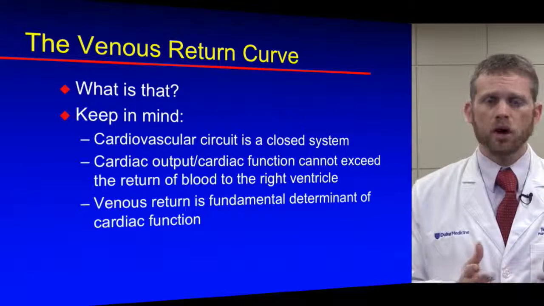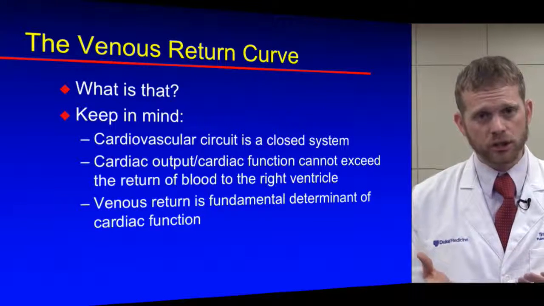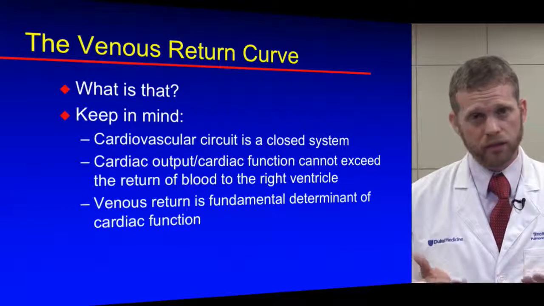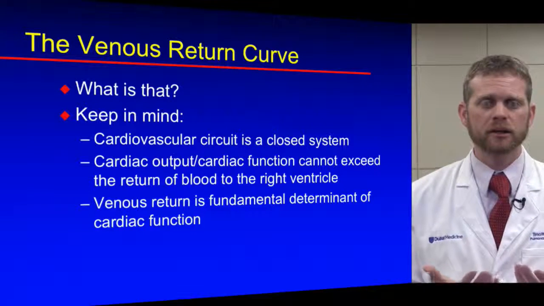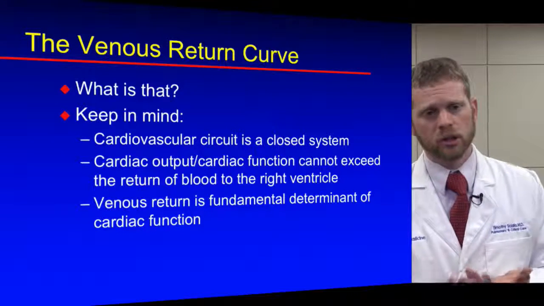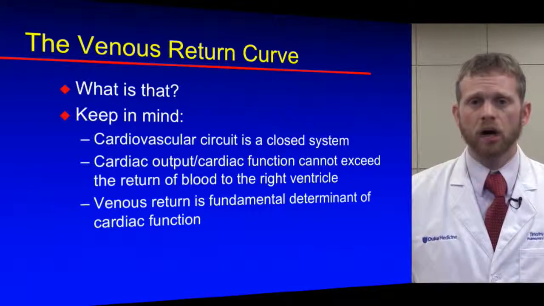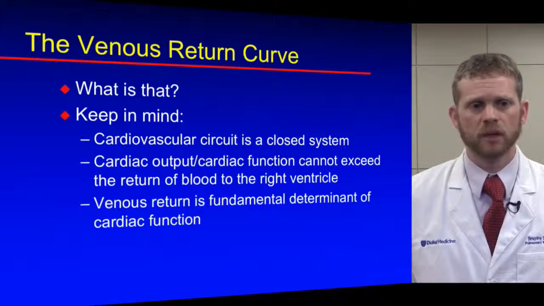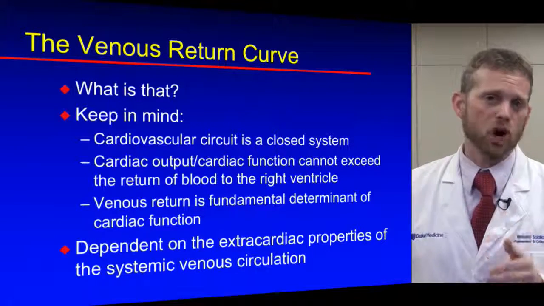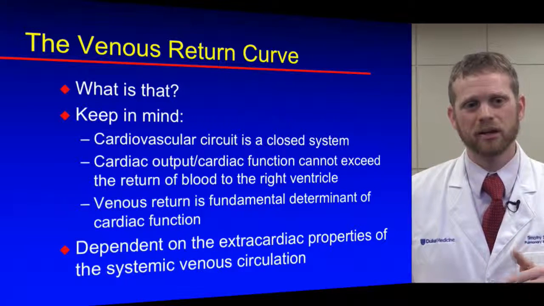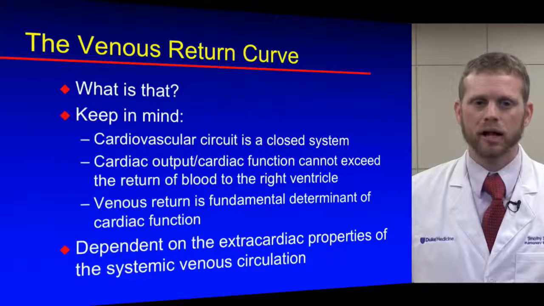So the cardiac output, or the cardiac function, the propelling of the blood through the ventricle, really can't exceed the return of blood that comes to the right ventricle. So venous return is a fundamental determinant of cardiac function. And venous return is dependent on extracardiac properties of the systemic venous circulation and not necessarily on cardiac contractility.